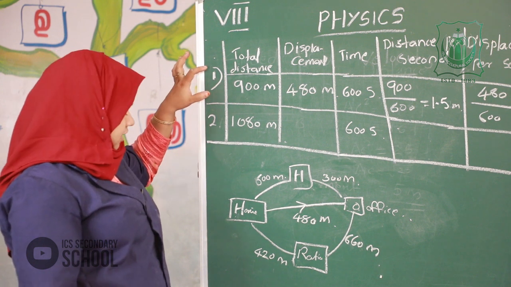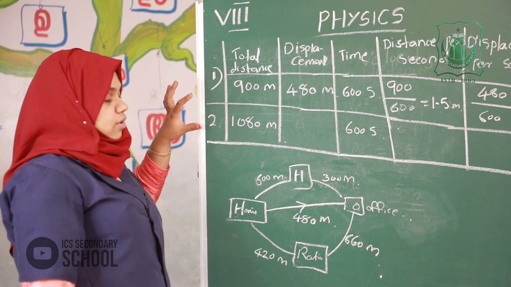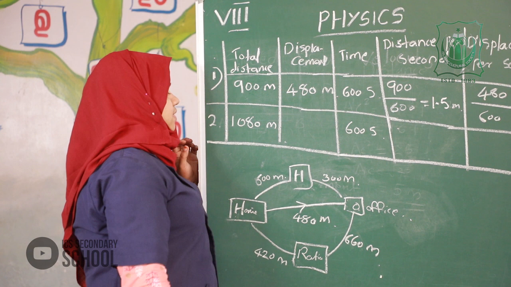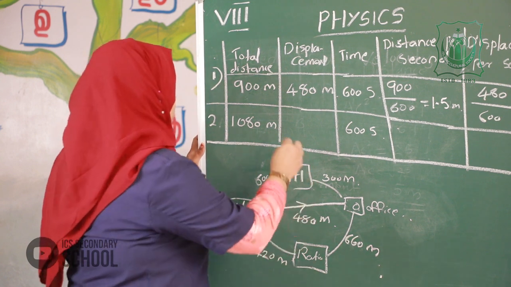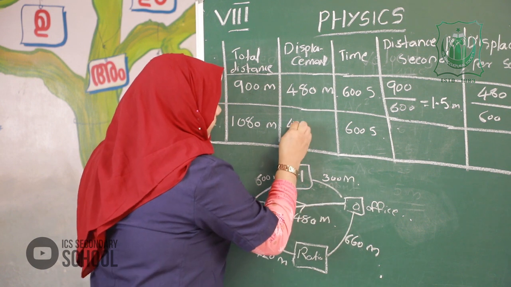First situation on reaching office, second situation on reaching back home. Here total distance 1080. Then the displacement is the same, so 480.